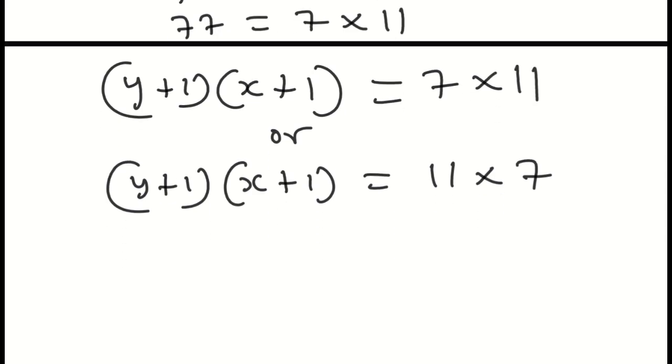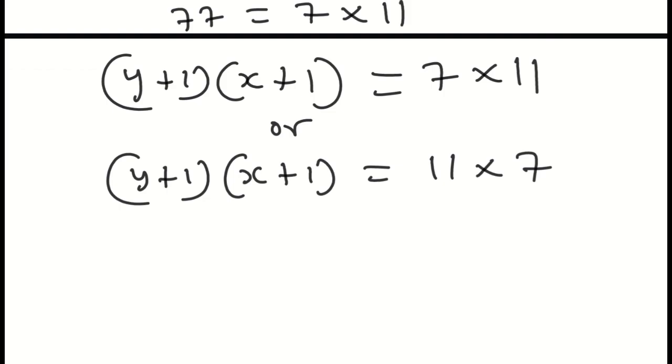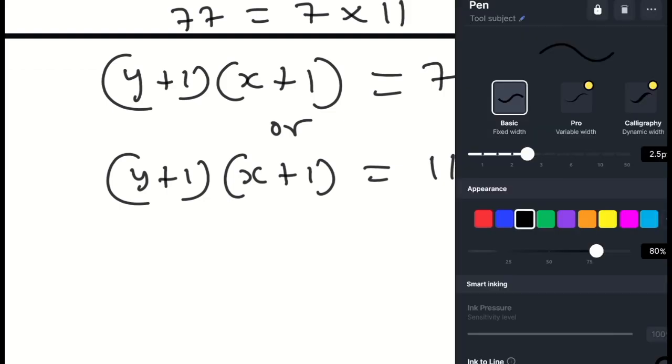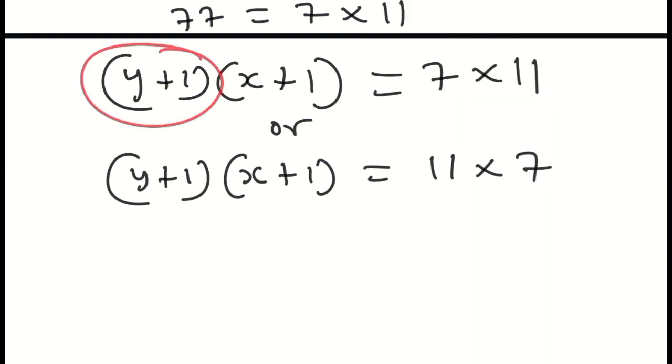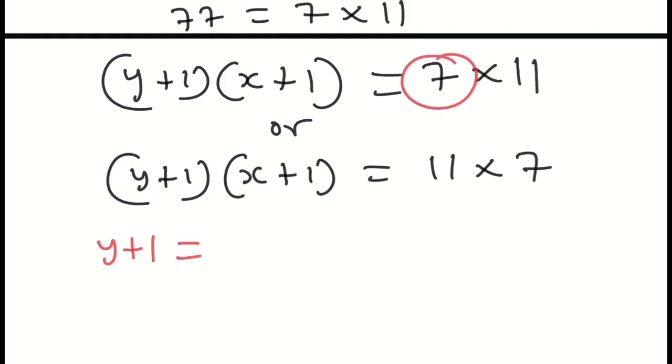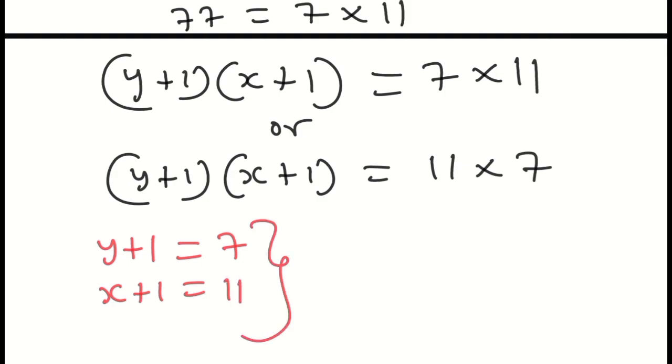So if you're trying to match them accordingly, it means that y plus 1 will be equal to the first number here, 7, and x plus 1 is equal to the second factor, 11. So this is the first case.